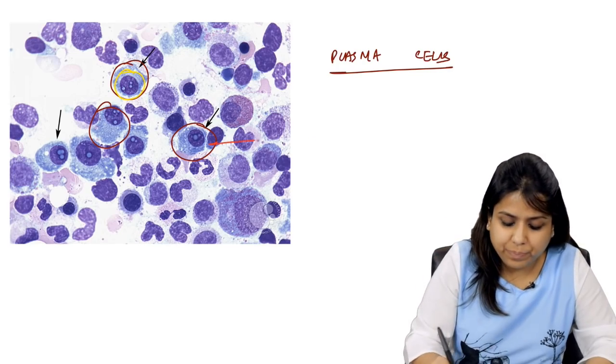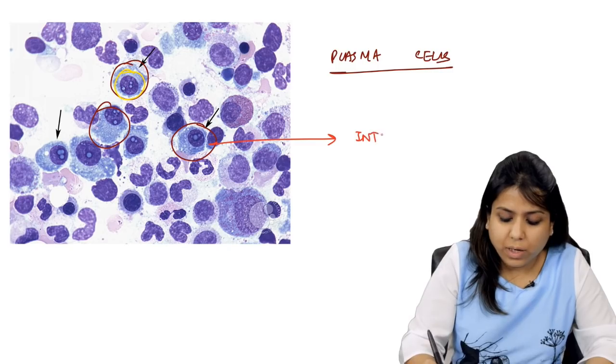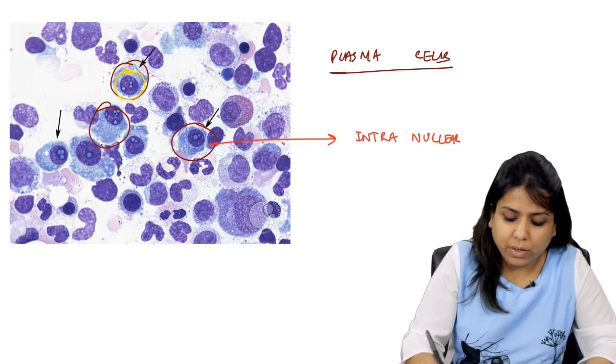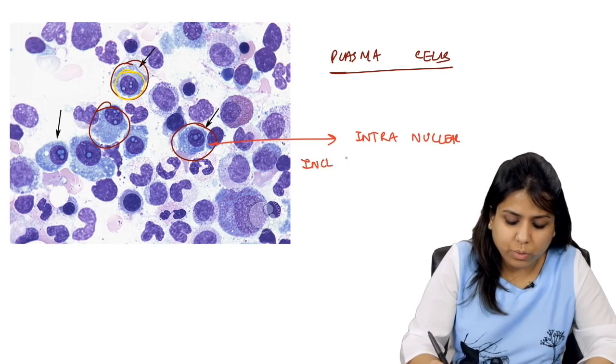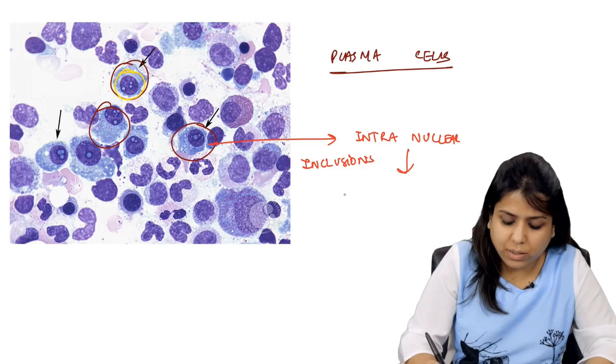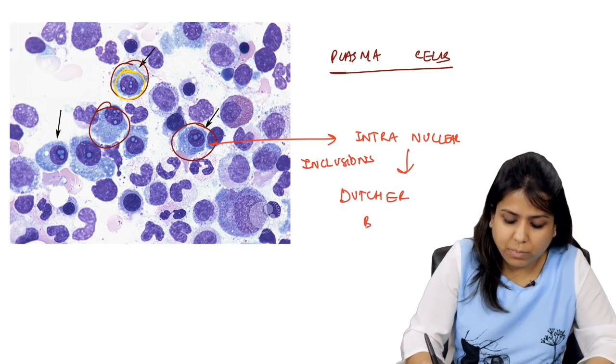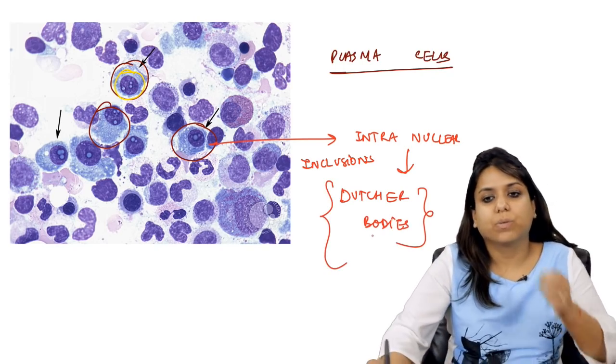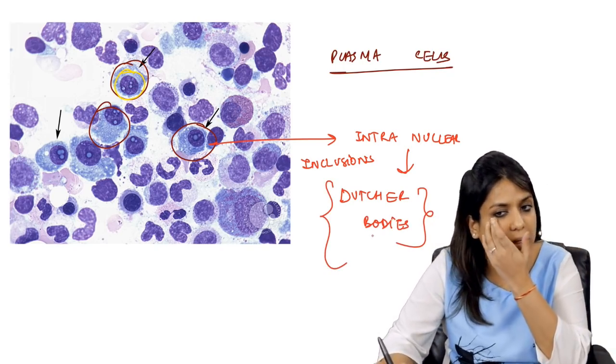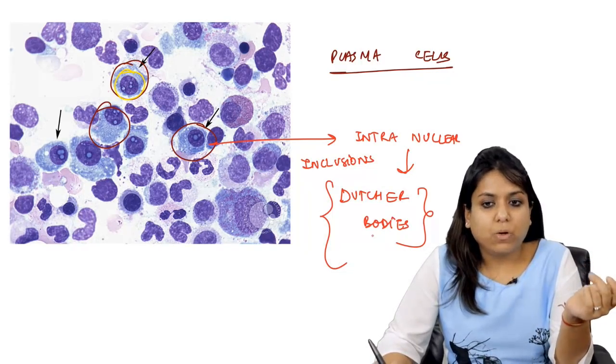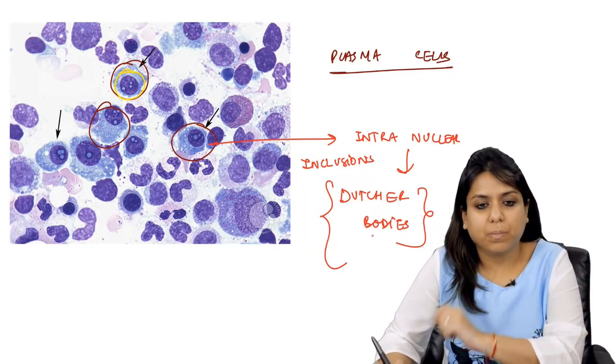That is why they are intranuclear inclusions, and these intranuclear inclusions, students, are called as Dutcher bodies. Again seen in multiple myeloma. So Russell bodies and Dutcher bodies are both seen in multiple myeloma.